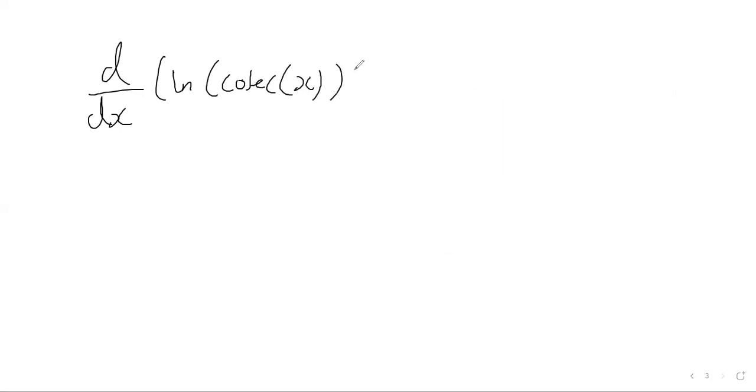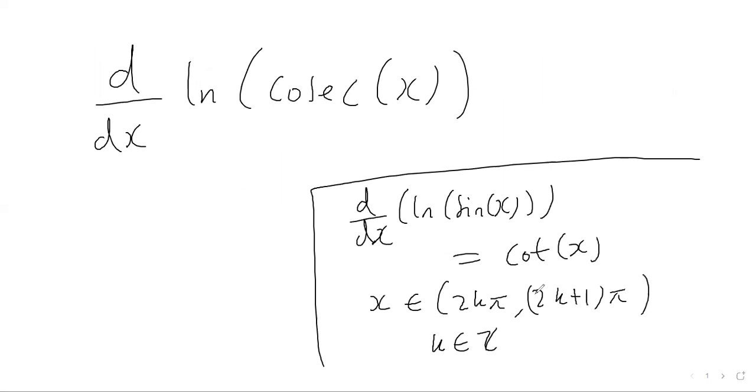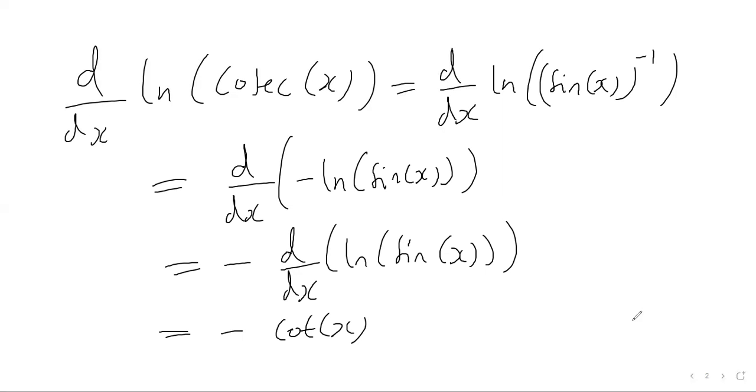So let's just write this result out here. Differentiating the natural logarithm of cosec of x, you get negative cot of x. And the key thing for this is that the domain is exactly the same as for ln of sin x, just because ln of cosec x is the same as negative ln of sin x.